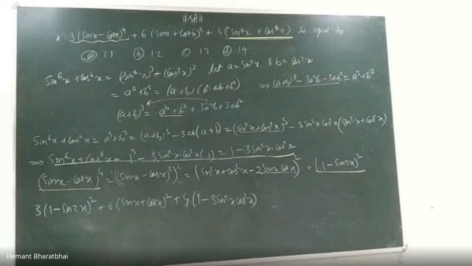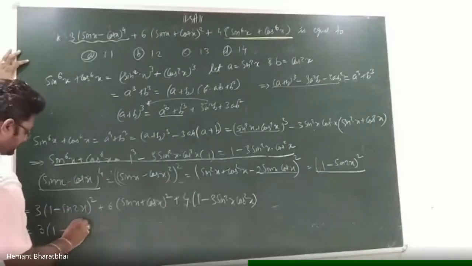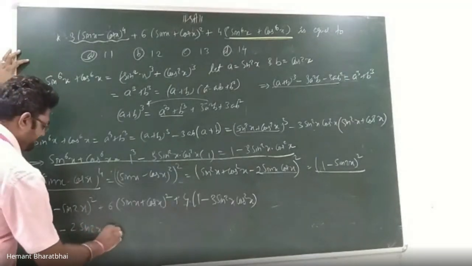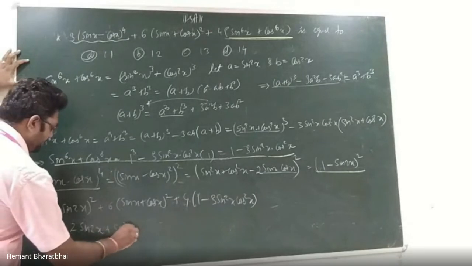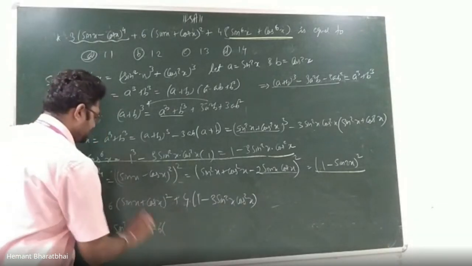So now let us simplify this. So I'll get 3 into, let us expand this, 1 minus 2 times sin 2x plus sin square 2x, plus 6 into, I'll expand this.